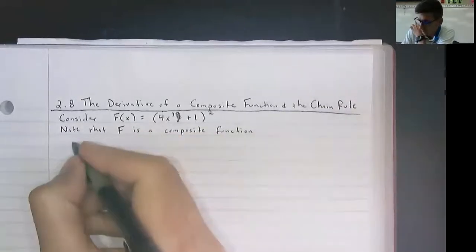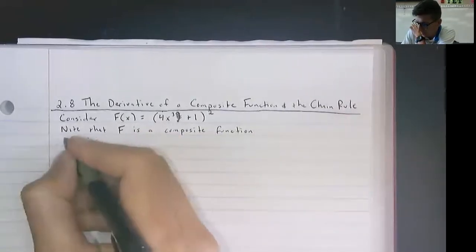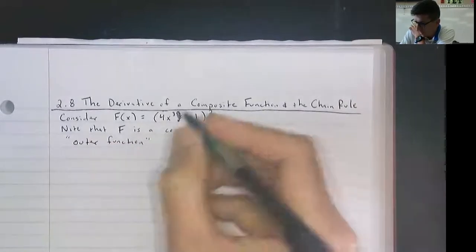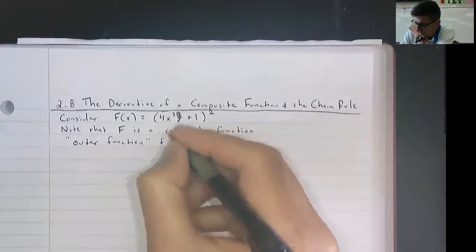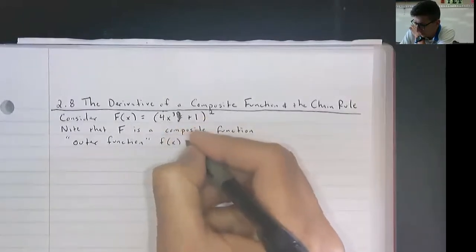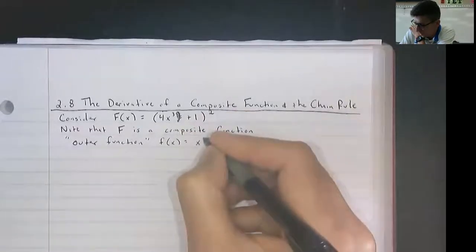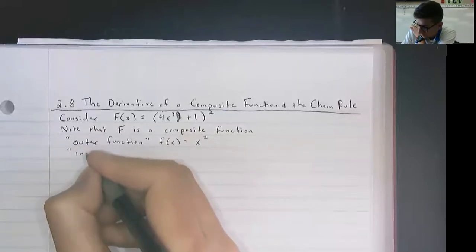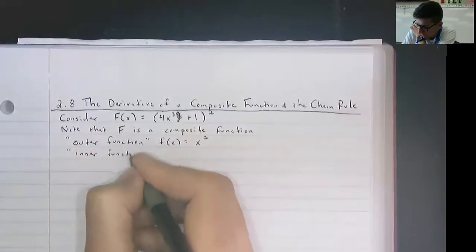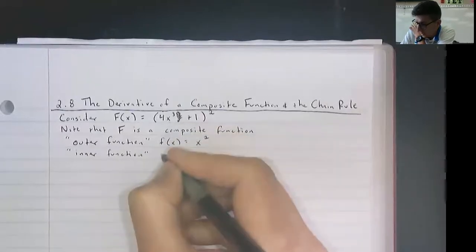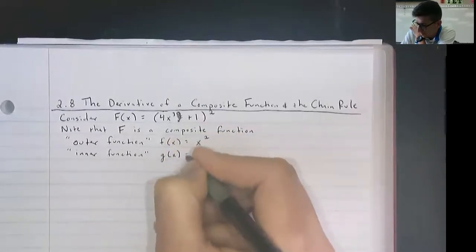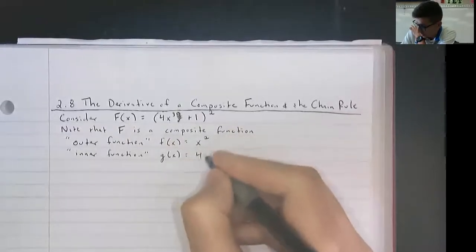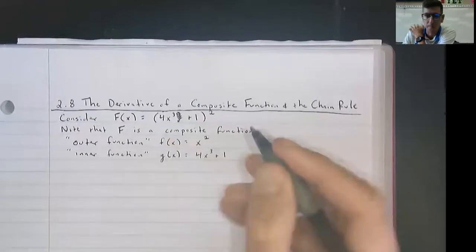I'll even write it like that: outer function, let's say f of x is equal to the quadratic function, x squared, and our inner function, let's call it g of x, is equal to what's inside of our quadratic, which is 4x cubed plus 1.